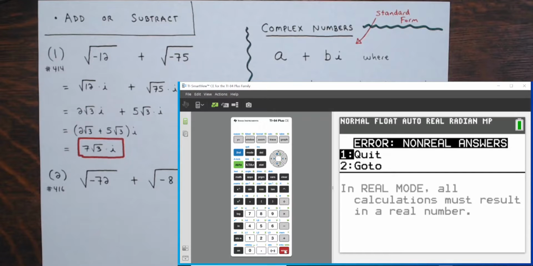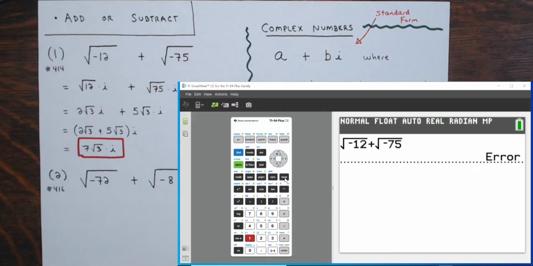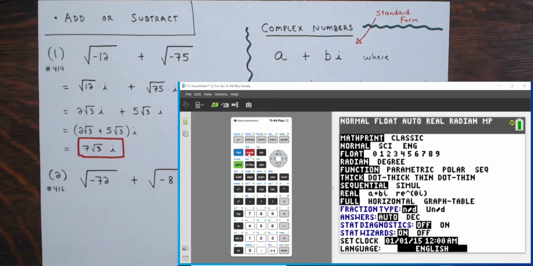See, non-real answers. So if you want to avoid that in this particular graphing calculator anyway, hit the mode button, and if you look down here a bit, you see where it says real, and right next to it, a plus bi, you see that flashing?